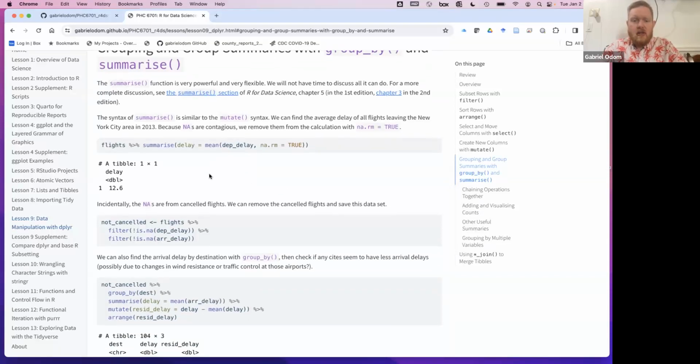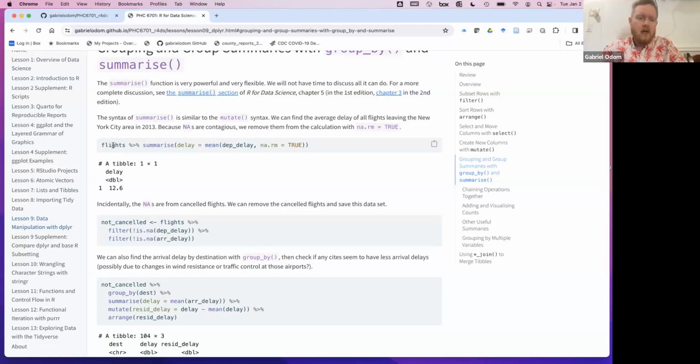So here's an example. If we wanted to find just the average delay, across 337,000 rows the average delay is only 12 and a half minutes, if you will. Note here that if there's even one missing value in 337,000 records, then the whole average becomes missing. So you use na.rm equal true as an option inside the mean function.